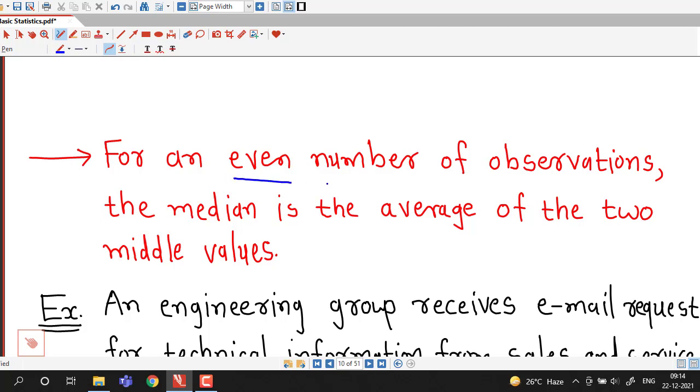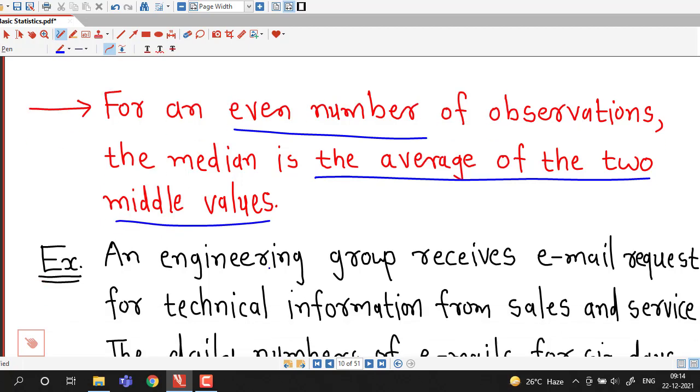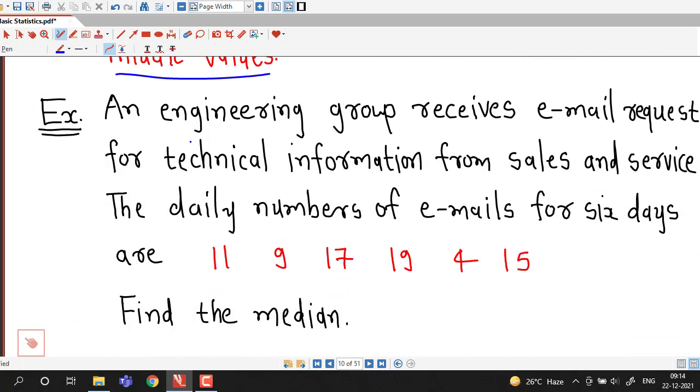Now if number of observations are even, then median is the average of the two middle values. So that we understand with the help of this example. An engineering group receives email requests for technical information from sales and service. The daily numbers of emails for 6 days are 11, 9, 17, 19, 4 and 15.